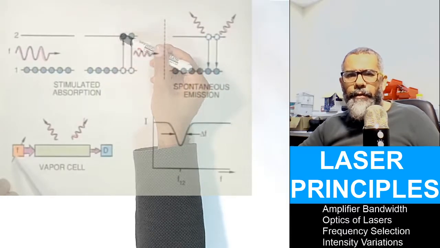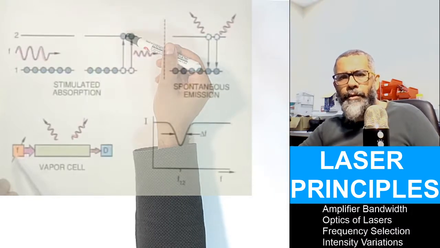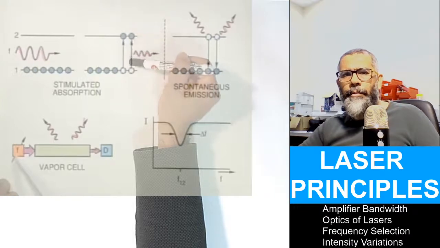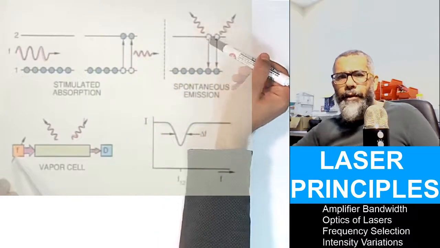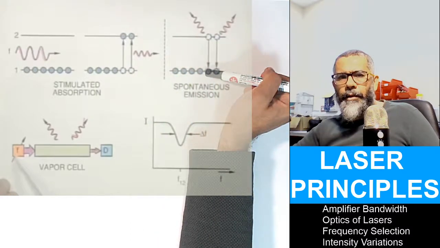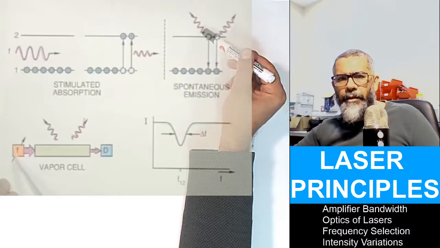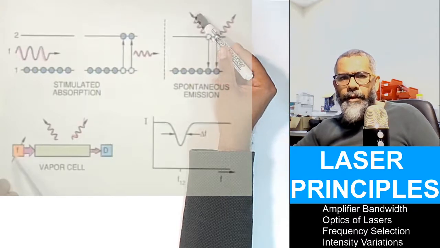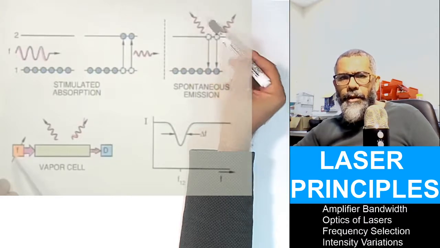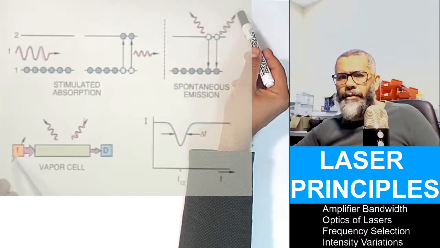They will live on the higher energy level for some number of nanoseconds, and then they will go back. When they go back, since they lose energy, this energy will be radiated by creating photons in any direction.